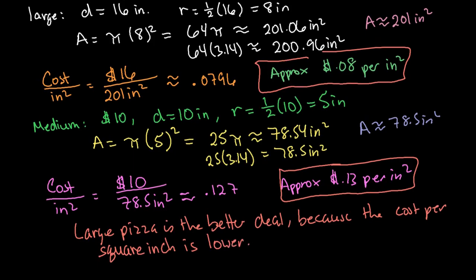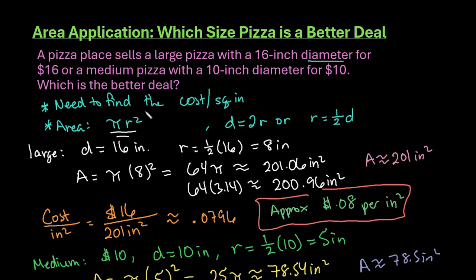So even though you're spending more money to buy the large pizza, you are actually getting a better deal on your cost per square inch than you would getting the 10-inch diameter pizza for $10.